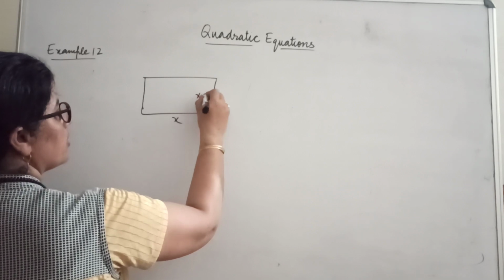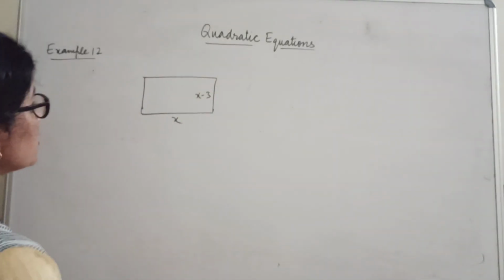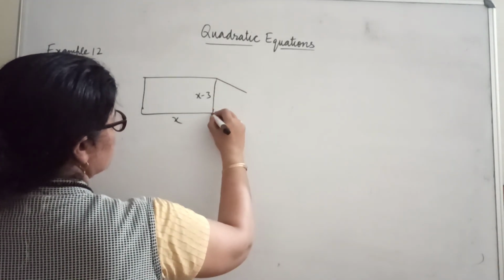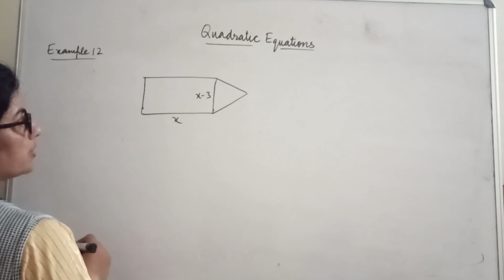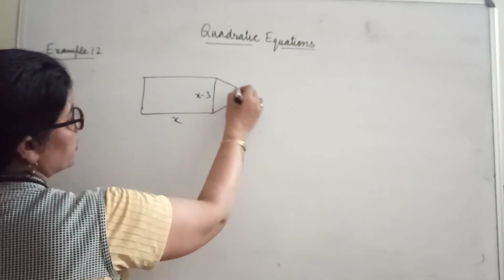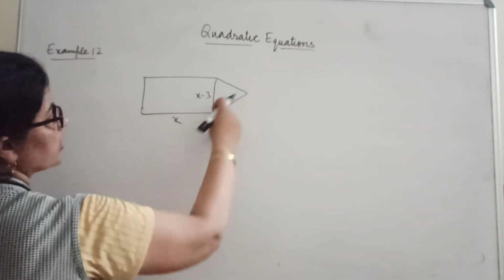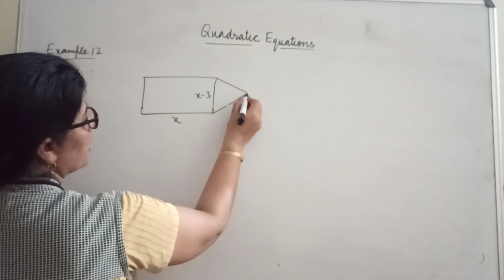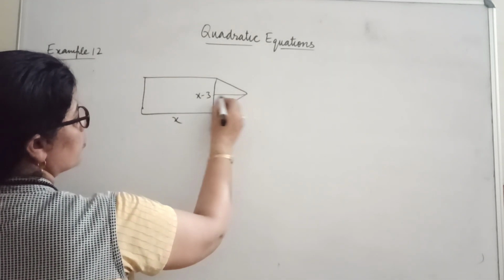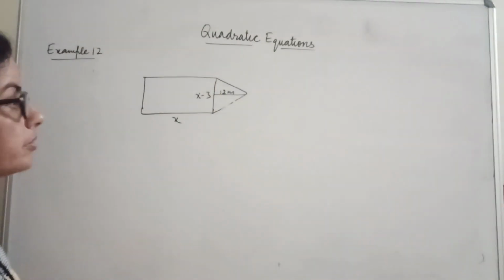Then the breadth will be x minus 3, because it is 3 meters less. Now it says there is a triangular park based on the breadth of the rectangle. On this breadth there is one triangular park in the form of an isosceles triangle, and its altitude is 12 meters.